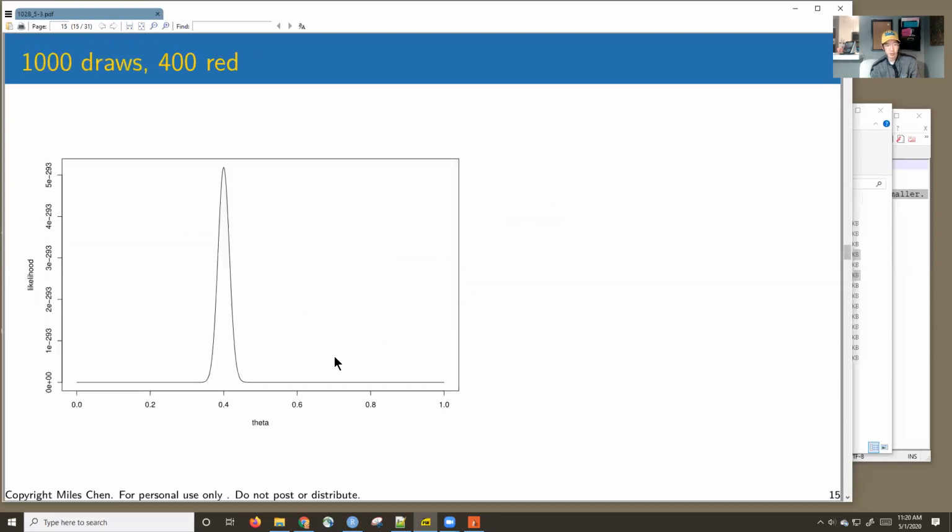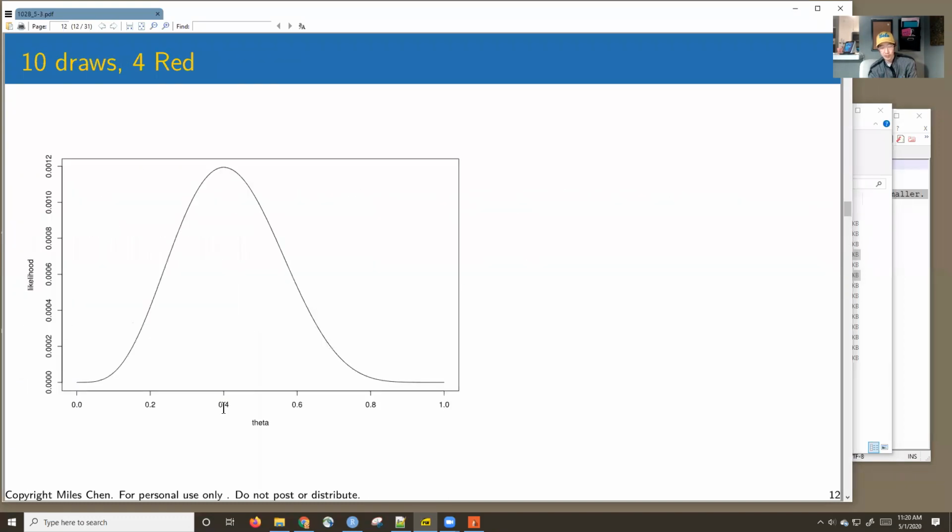In this case, my maximum likelihood estimate is 0.4, and I'm very confident that theta is close to 0.4. Over here, my maximum likelihood estimate is also 0.4, but I'm a lot less confident, because there's a lot more spread or uncertainty in what theta could actually be.